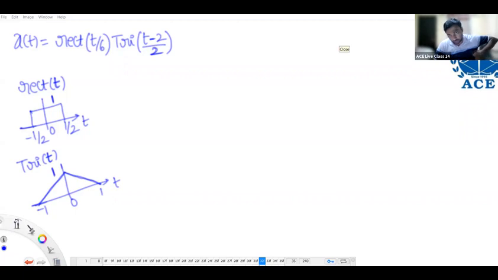Trivikram Rao, check your answer. Sai Charan, correct. Dinakar, correct.